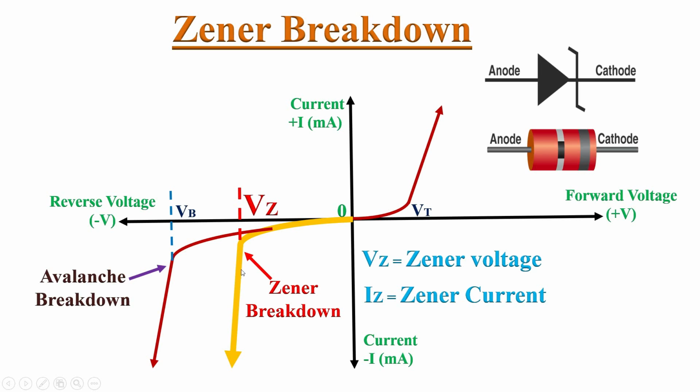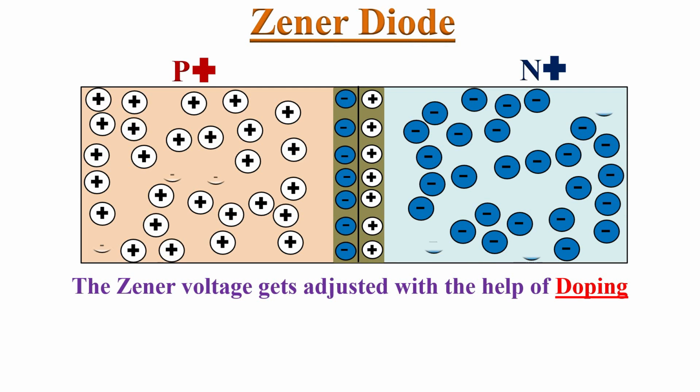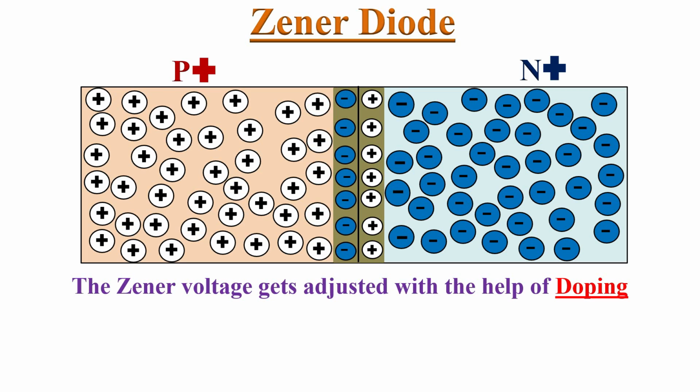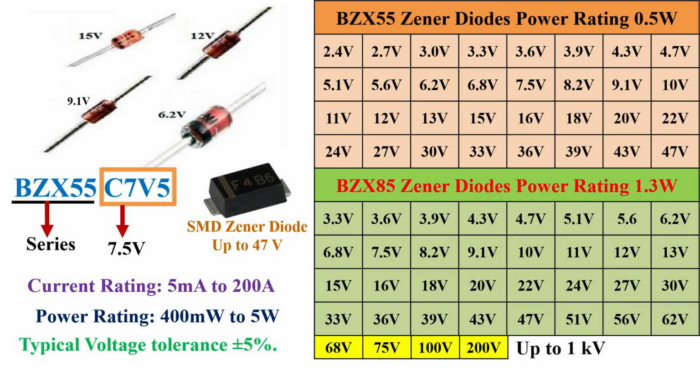Here we can observe that the reverse breakdown voltage remains constant for a wide range of currents. The breakdown voltage of the Zener diode can be adjusted by changing the doping concentration. Commercially available Zener diode standard voltage ratings start from 2.4 volts to 200 volts.